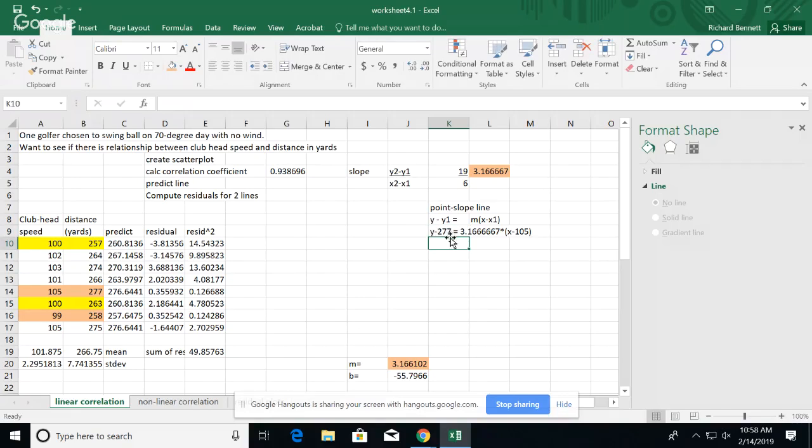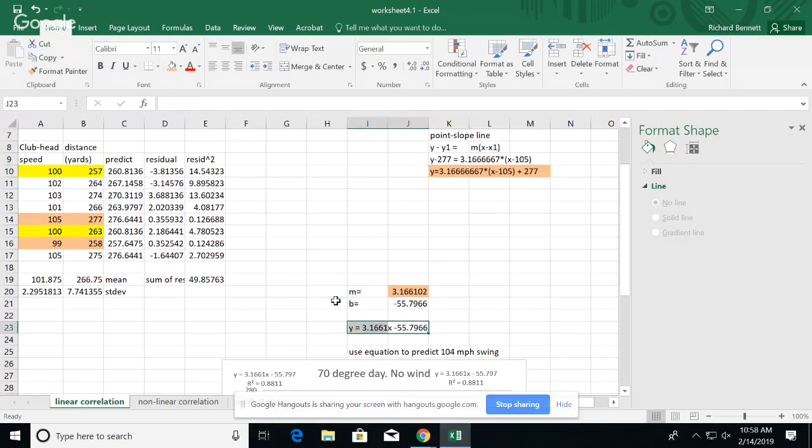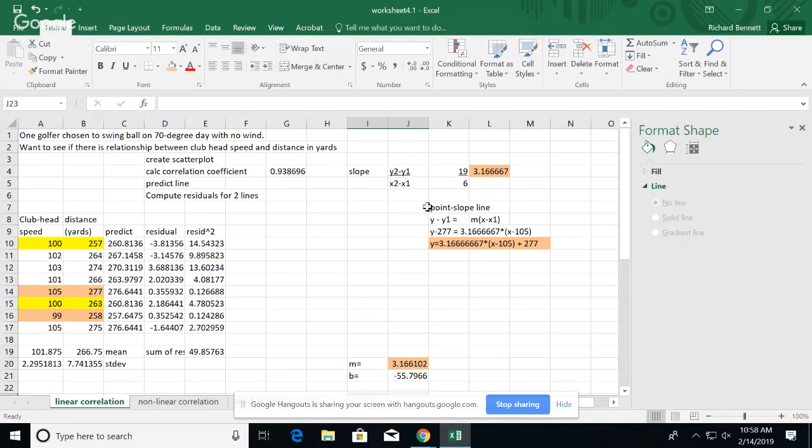Okay. Here's what I'm going to do. I'm going to add 277 to both sides, so that this becomes y equals 3.166667 times x minus 105 plus 277. Okay? So this is actually really different. This equation is very different from the one we just found right here. Do you agree? Yeah. Okay.